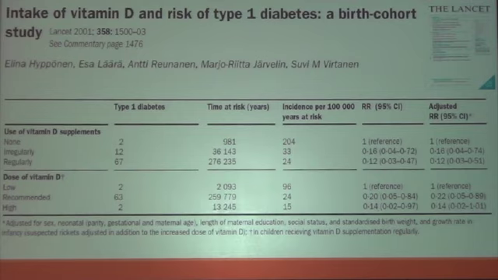However, if you look at the studies regarding the intake during early childhood and the first stages of life, data are different, because this, for example, is a Birth Cohort Finnish study demonstrating that subjects taking vitamin D supplementation during the first year of life at the dose of 2,000 international units per day have a significant lower risk of type 1 diabetes compared to those that were taking less than 2,000.